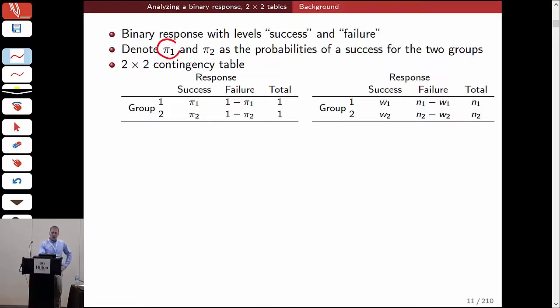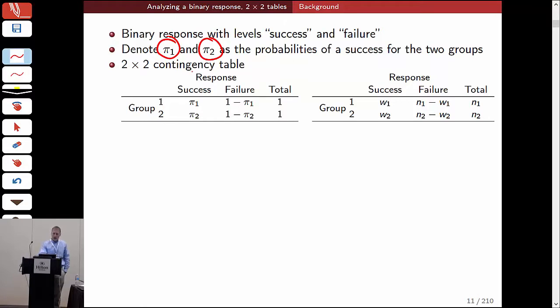We will denote those as pi 1 and pi 2. So pi 1 could be the probability of Larry Bird making that second free throw attempt, given that he made the first. Pi 2 would be the probability that he makes that second free throw attempt, given that he missed the first. And we can summarize this in a nice table-like structure.